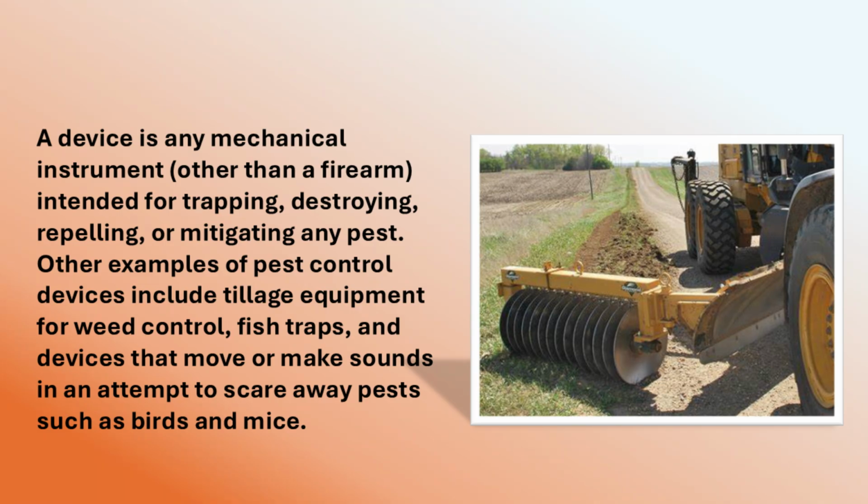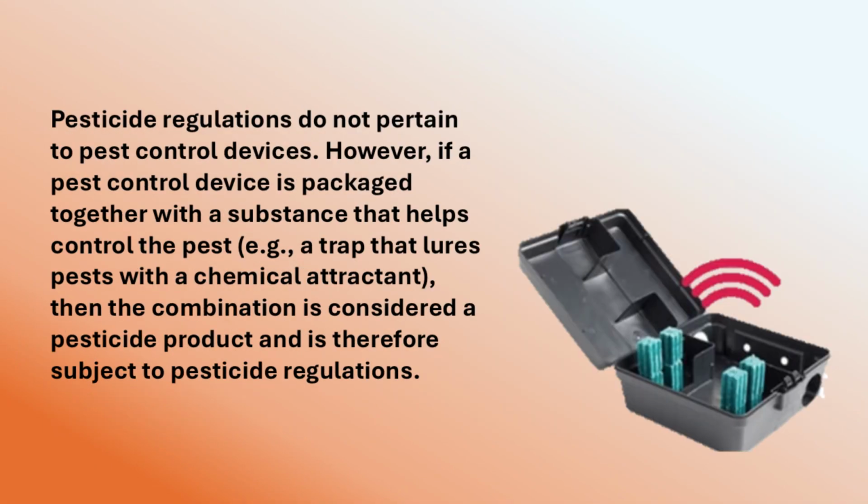Other examples of pest control devices include tillage equipment for weed control, fish traps, and devices that move or make sounds in an attempt to scare away pests such as birds and mice. Pesticide regulations do not pertain to pest control devices.